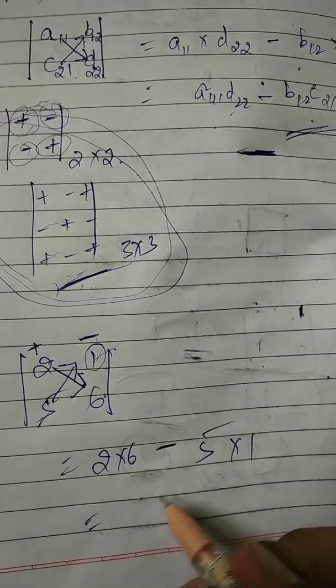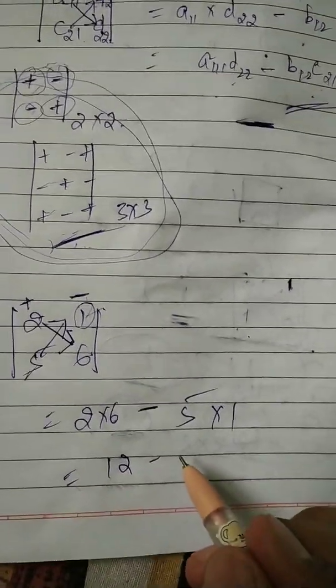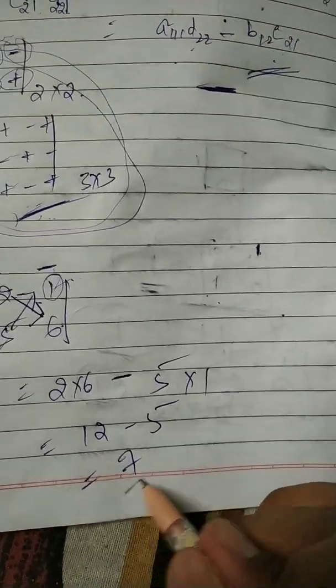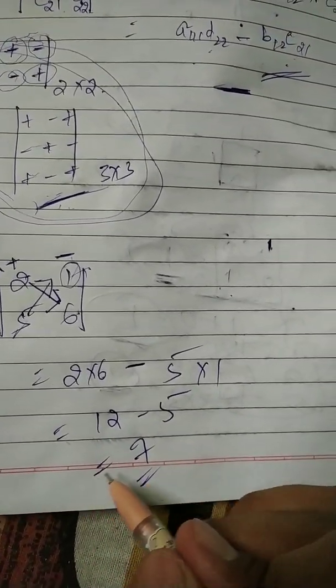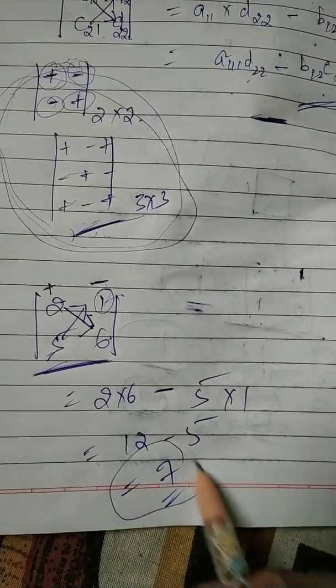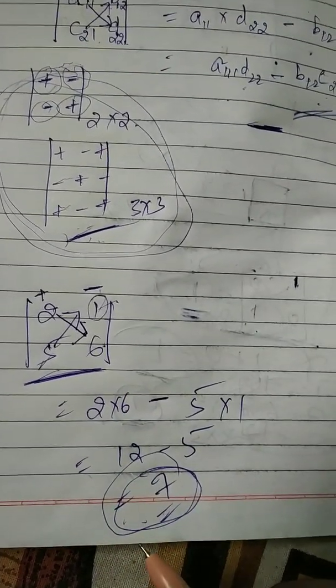So finally 2 times 6 is 12, minus 5 times 1 is 5. So 12 minus 5 is 7. So 7 is the determinant of this matrix. Hope you have understood this.